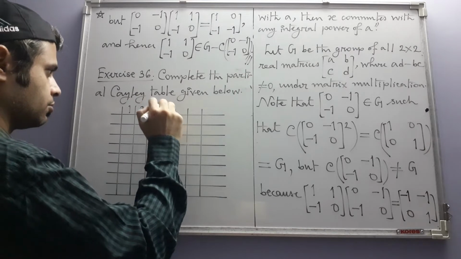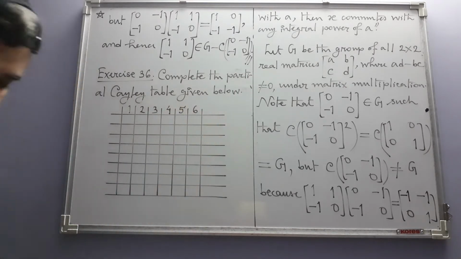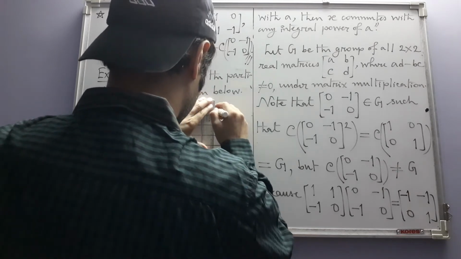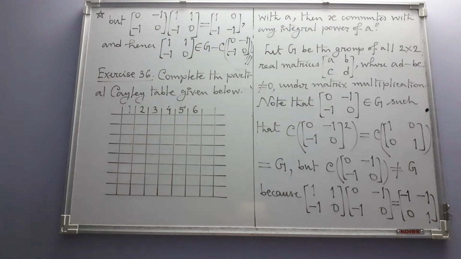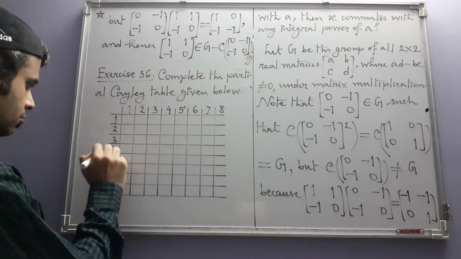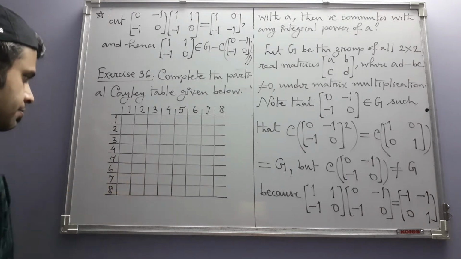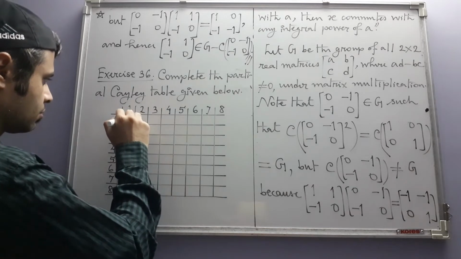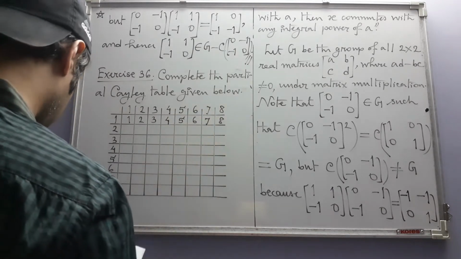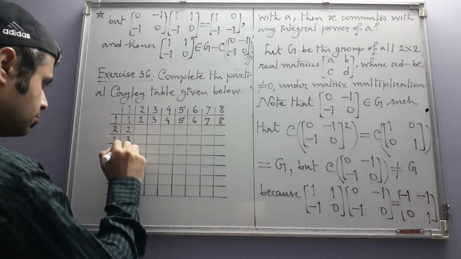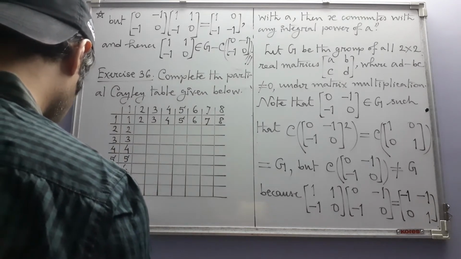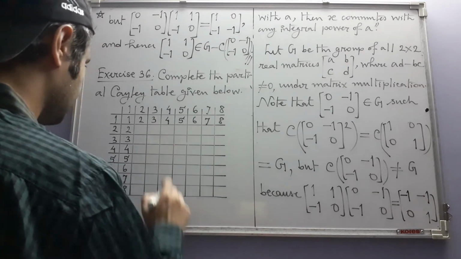1 2 3 4 5 6. Oh, I need one more. 7 8. One, two, three, 4, 5 6 7 8. 2 3 4 5 6 7 8. 1 4 3 6 5 8 7.